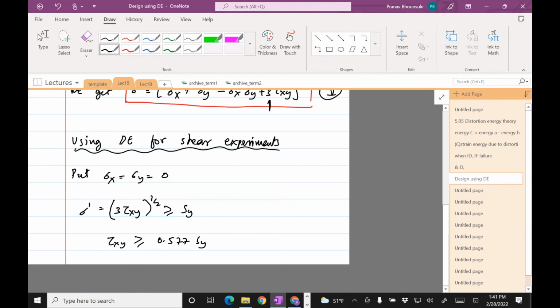So this is the expression for shear stress. If you have only shear stress in the element, then you will not use yield strength, but you'd use 0.577 times yield strength to design the element for shear. So that will give you tau xy. Once you get tau xy, you will go and compute tau xy using the simple formula we had, VQ divided by IB. And from that, you can design for the geometry based on that question.